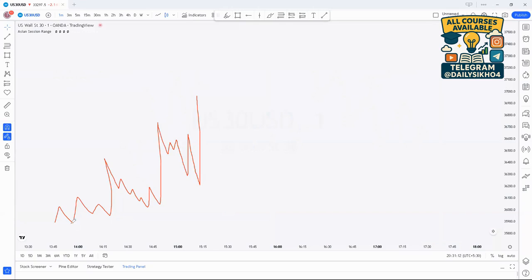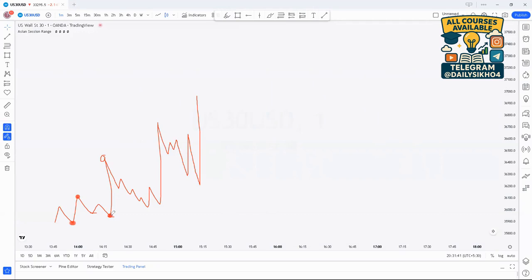Let's say the market structure is starting from this area. This is the lowest point, and this is the highest point. This highest point made a low, and we need to find the lowest low. Is this the lowest low, or is this the lowest low before making a new higher high? The last one. So that's going to be the higher low.